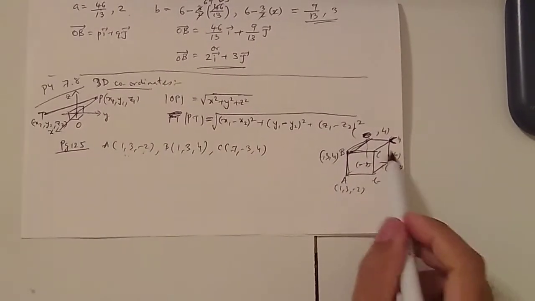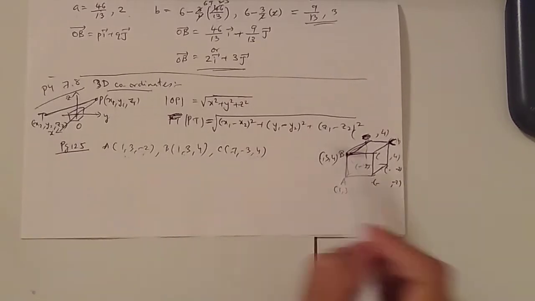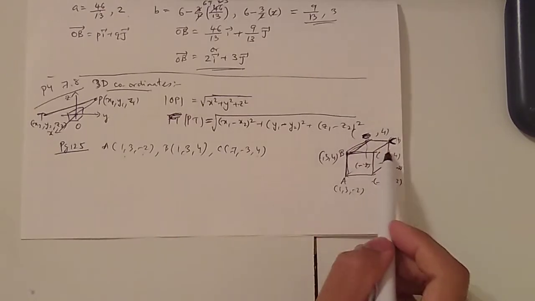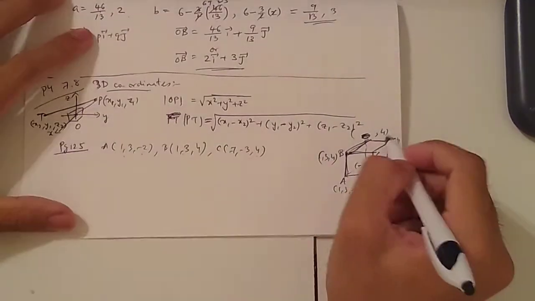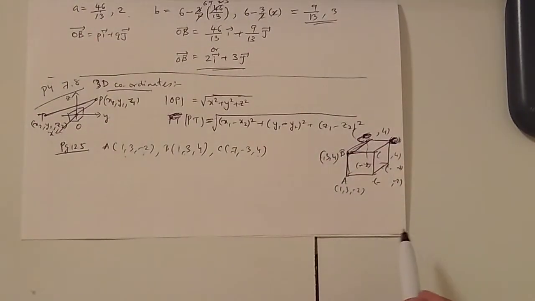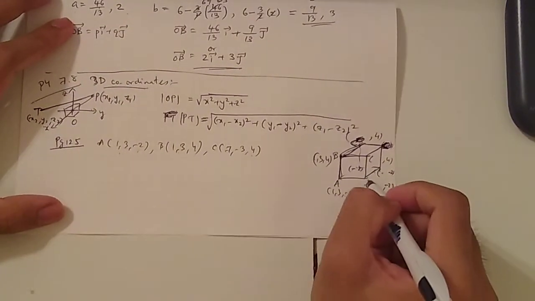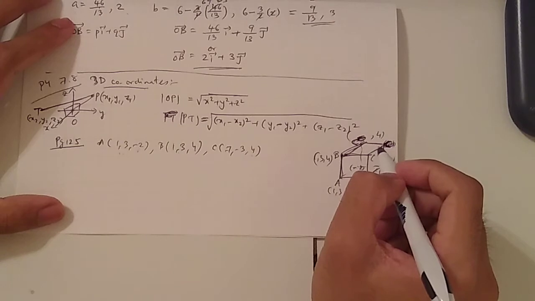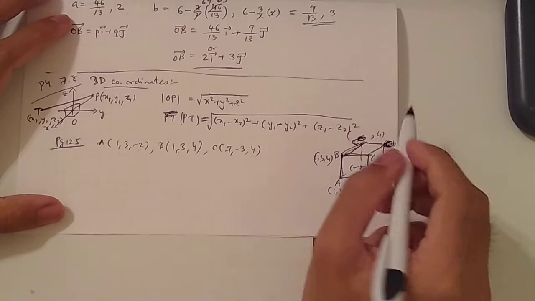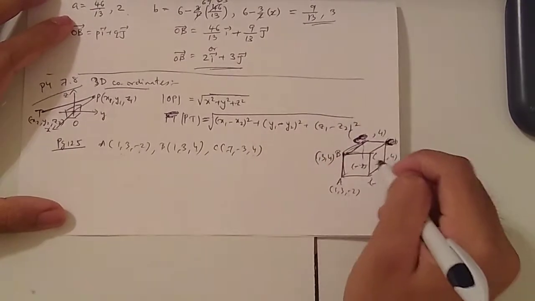These are all rough sketches. Since C has a z coordinate 4, it is going to be one of these 4 points. So let's get C back over here and try to find out whether C lies over here, here or here.